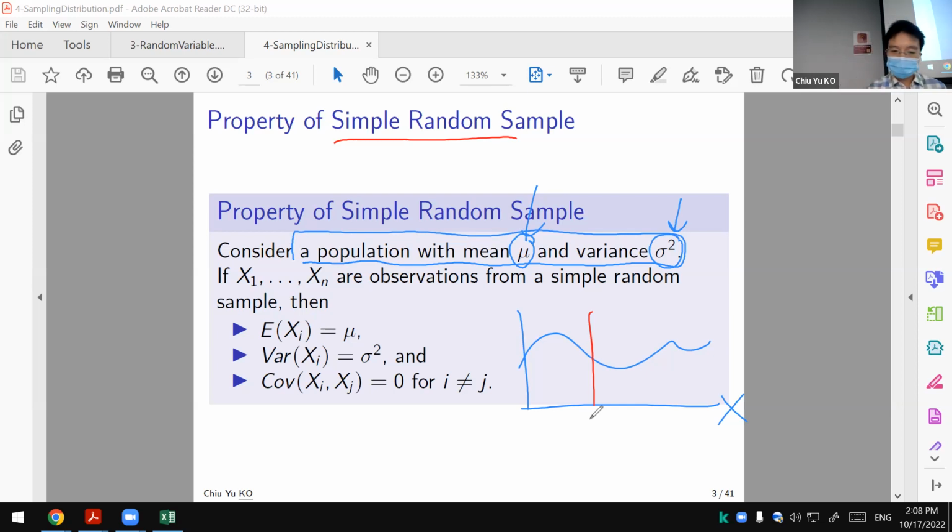But the good thing is it turns out the mean of this sample is the same as the mean here. The variance of each draw is the same as this one, okay?